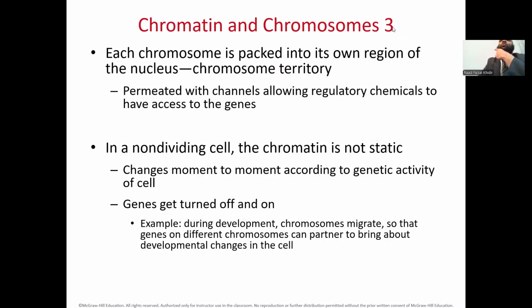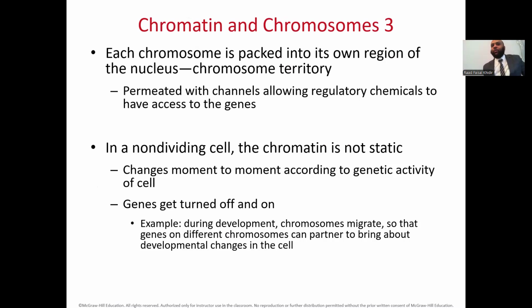Each chromosome is packed into its own region of the nucleus, known as the chromosome territory. It's permeated with channels allowing regulatory chemicals to have access to the genes. In a non-dividing cell, the chromatin is not static. It changes from moment to moment according to genetic activity.